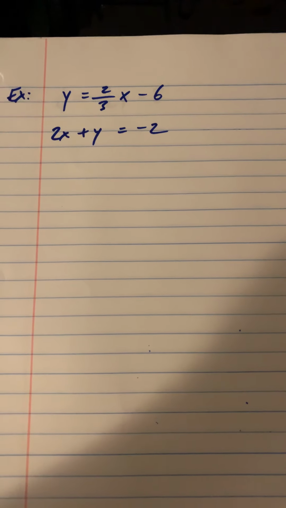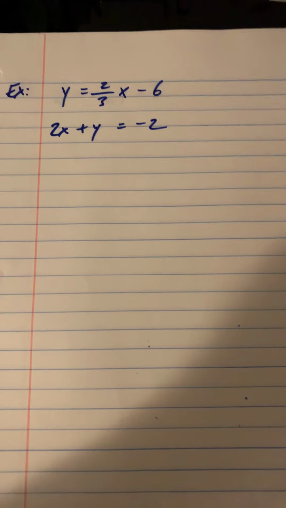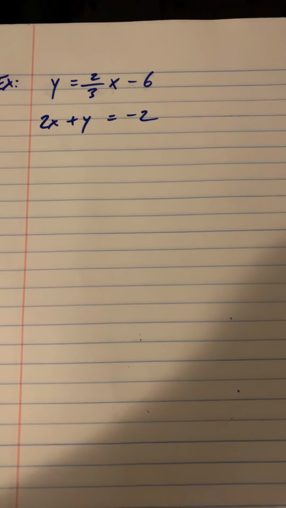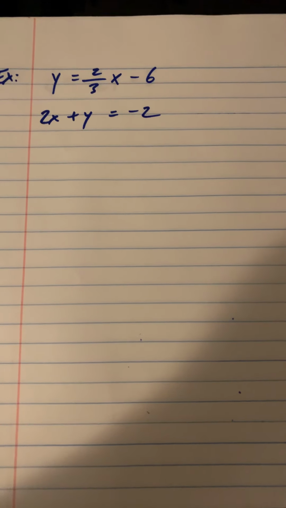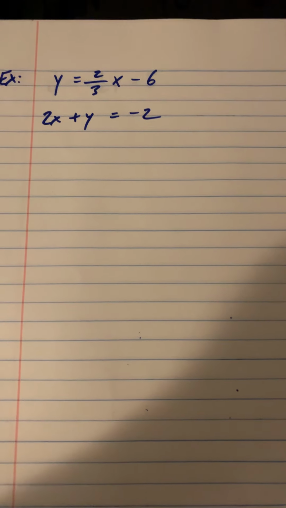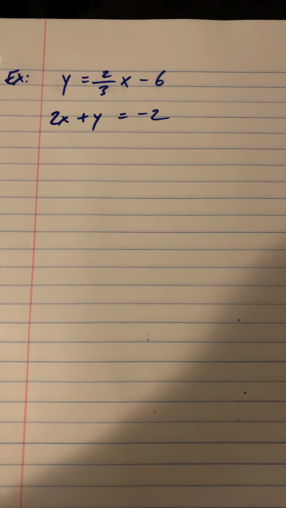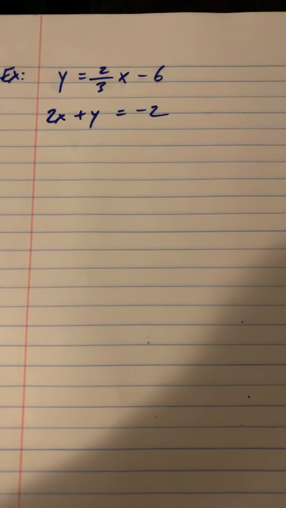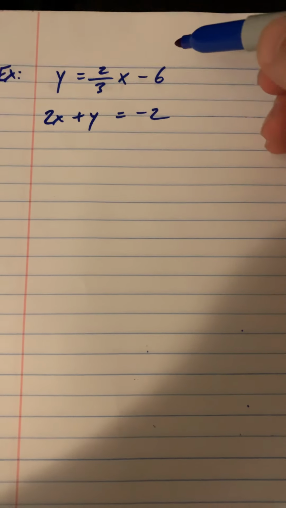What we want is to have everything in the form of ax plus by equals c, and we don't want any of the coefficients to be fractions or decimals. We want to deal with whole numbers. It's really easy when you get to that, and there's an easy way to get to that position if you don't already have whole numbers, such as the case here.